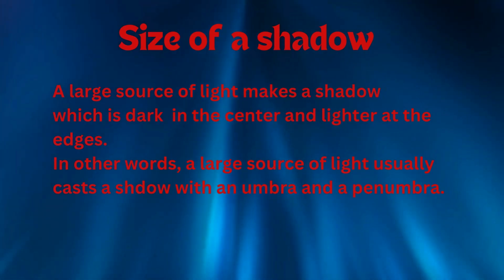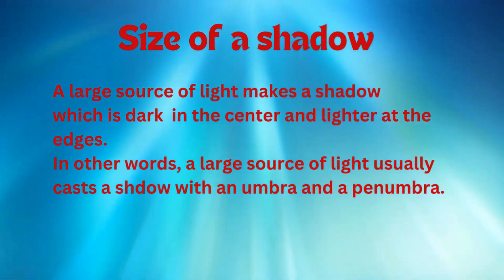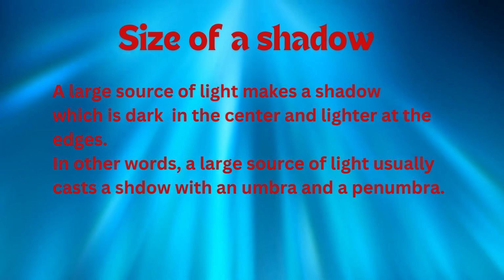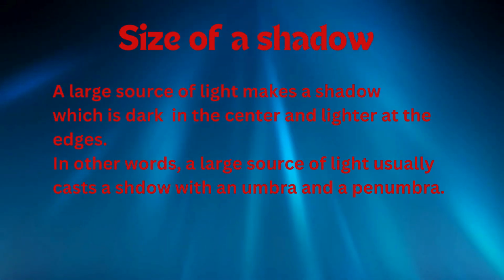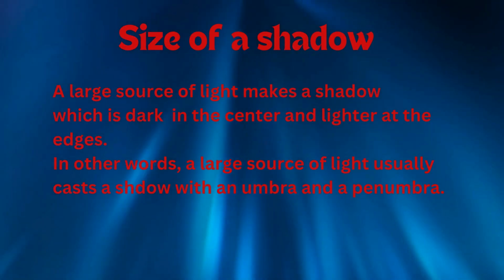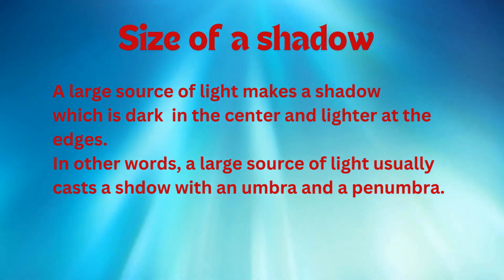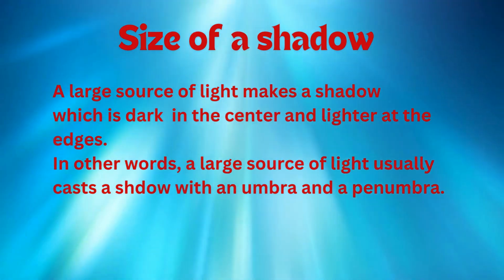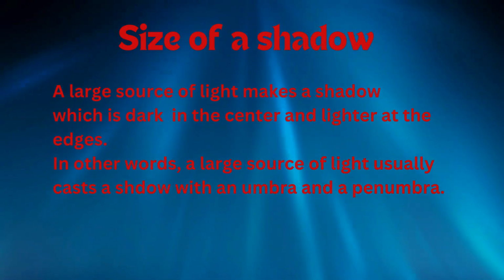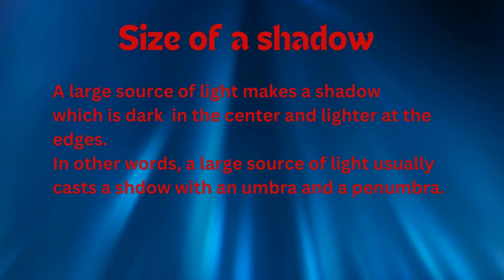Next is the size of a shadow. The size and shape of shadows are not always the same. They can change in shape, they can change in size. A large source of light makes a shadow which is dark in the center and lighter at the edges. What does it mean? It means when a big light shines on something and makes a shadow, the shadow is darkest in the middle and lighter at the edges.